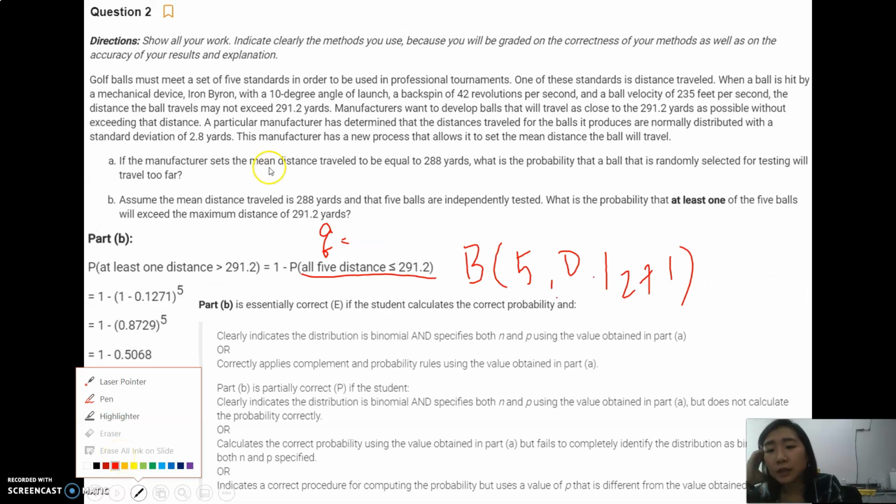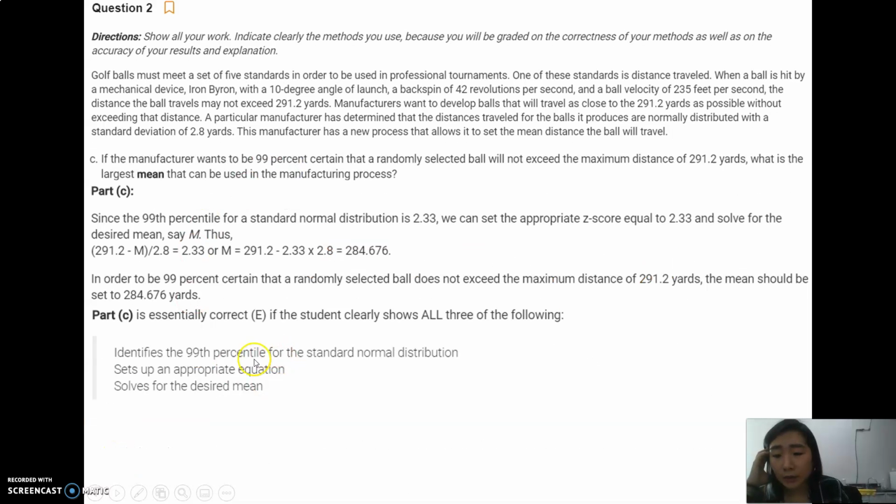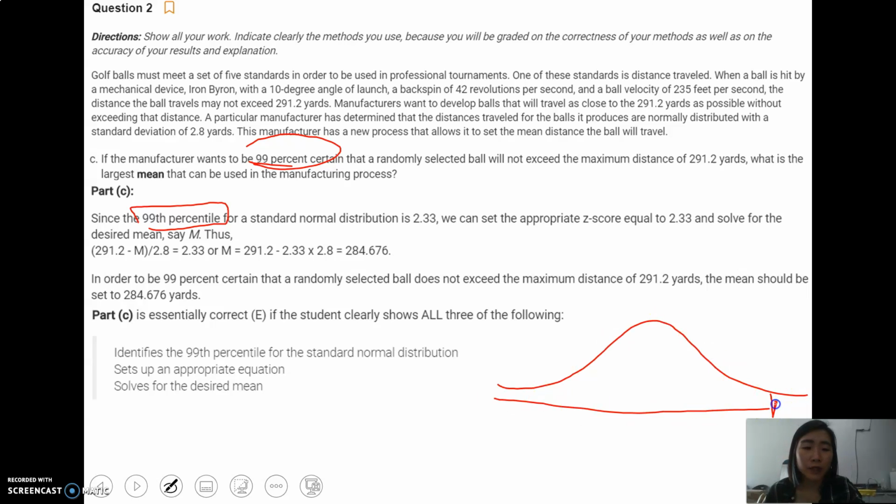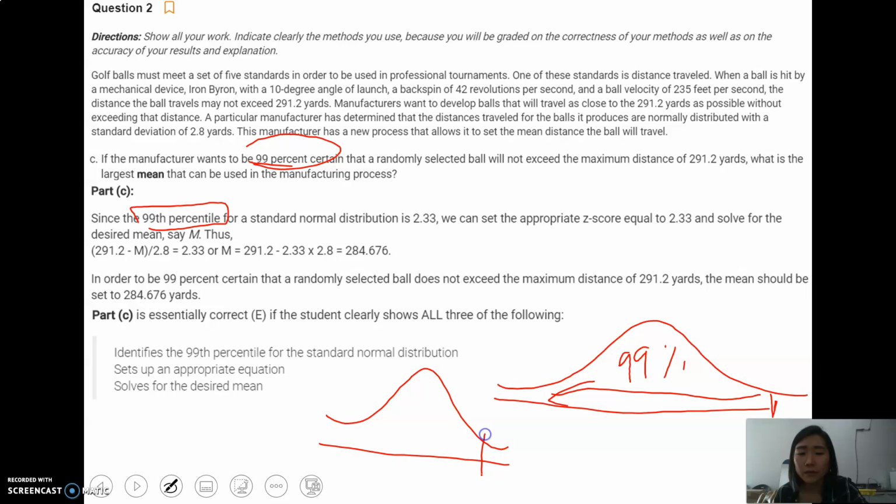So this wording right here, 99% certain, that sounds like a confidence interval, right? But then if you look at the answer, they said 99th percentile, which is a totally different meaning, because 99th percentile means that you are right here, and below you, there are 99% of the population. Whereas 99% certain sounds like you should have 99% as a confidence interval.